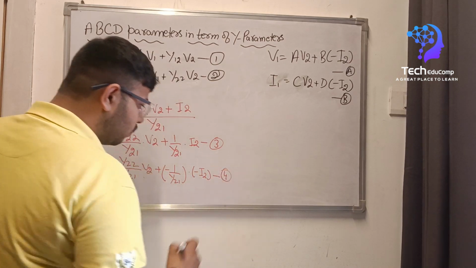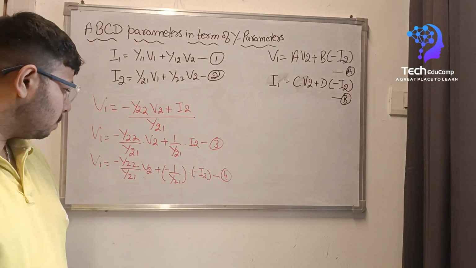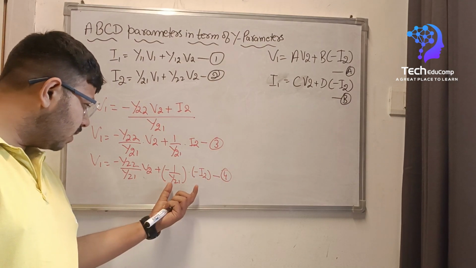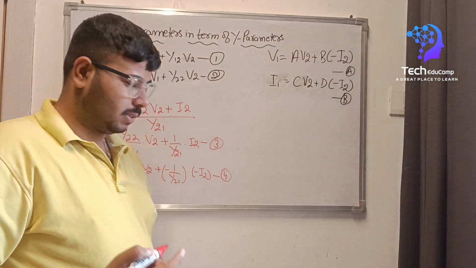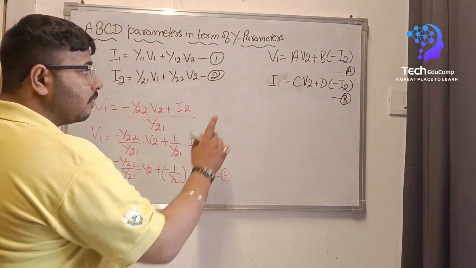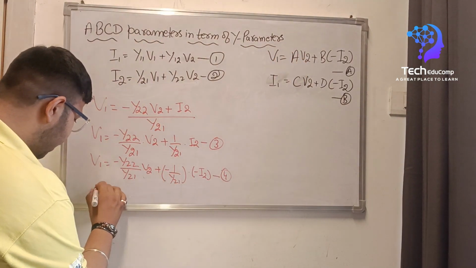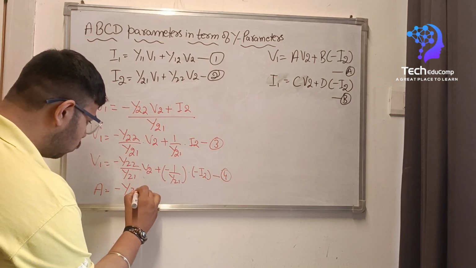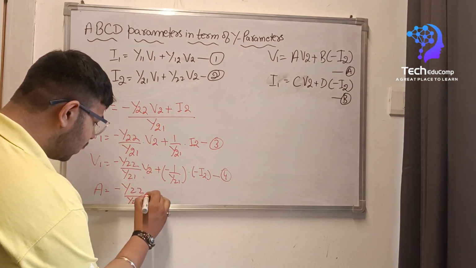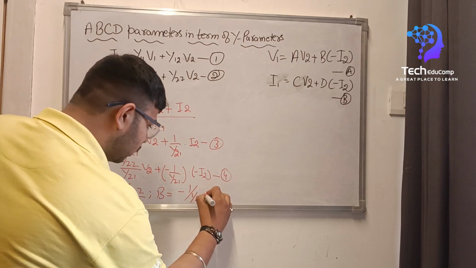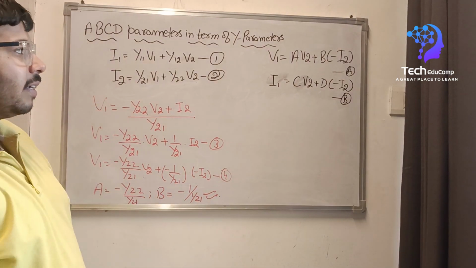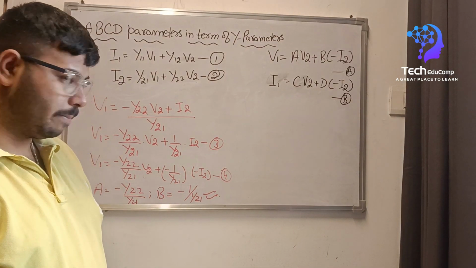This is equation number 4. Okay, what I have done is taken two minuses, because minus into minus will again be plus. So when I compare it, A will be minus Y22 upon Y21 and B will be minus 1 by Y21. This is how you write A and B.